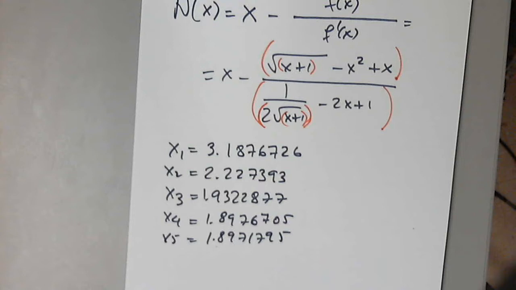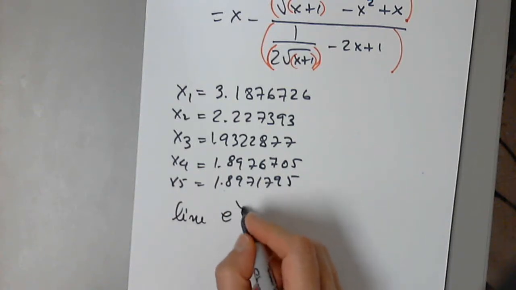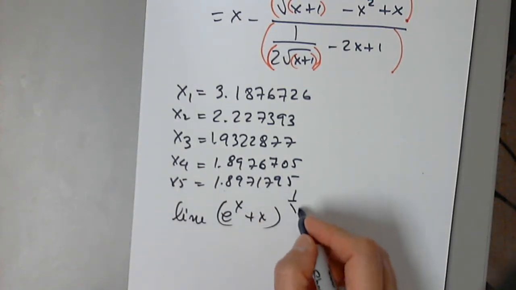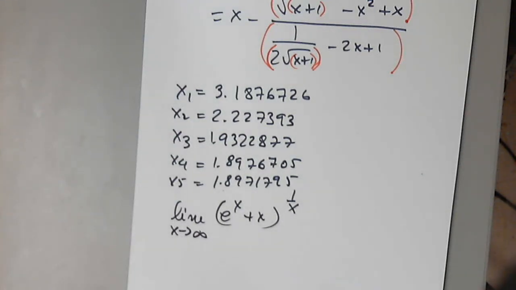Do you all have it? Yes? Okay. So if we want to look at this, limit of e to the x plus x, everything to the 1 over x, as x approaches infinity. Do you recall whether we did this problem before? Have we seen this one? No. Okay, perfect.